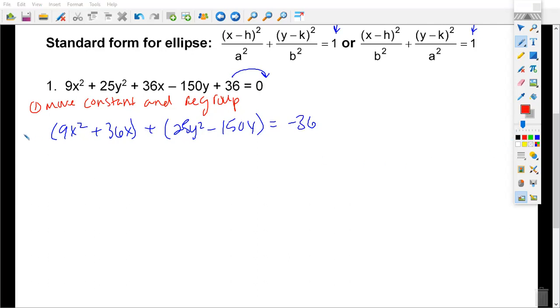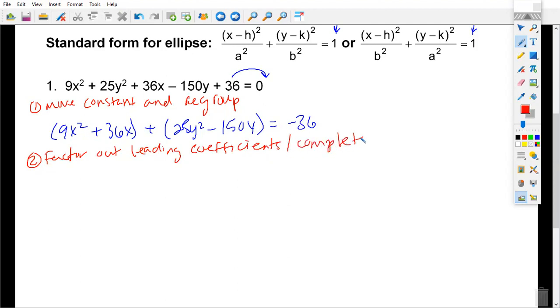Okay. Step 2, we're going to factor out leading coefficients, and complete the square. Now, this one is going to be a different completing the square because of the factoring. So we're going to factor out our leading coefficient. Our leading coefficient here is 9.